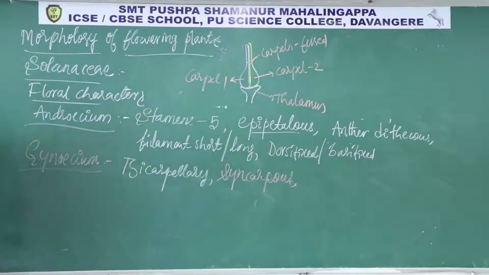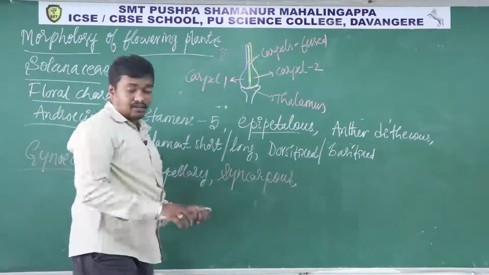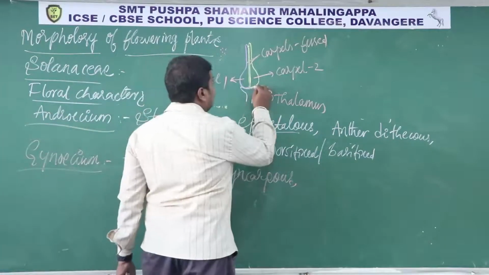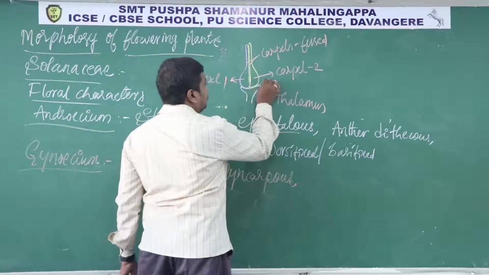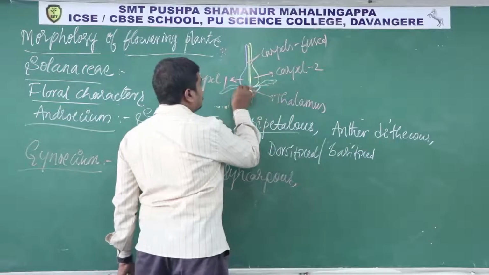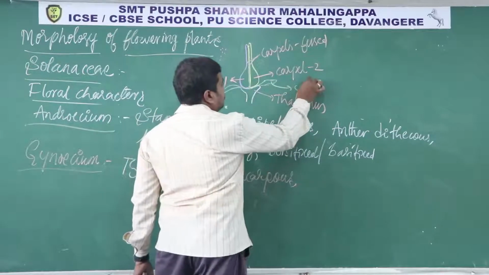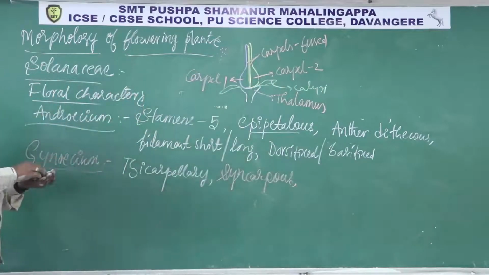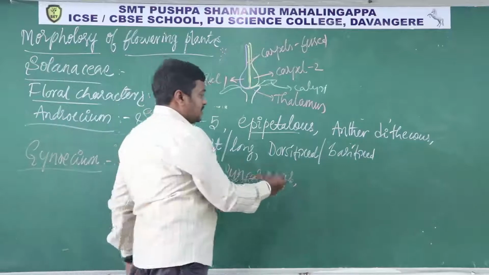Bicarpellary, syncarpous, and the calyx is present below this ovary. This is the calyx. The calyx is present below the ovary. So superior, bicarpellary, syncarpous.